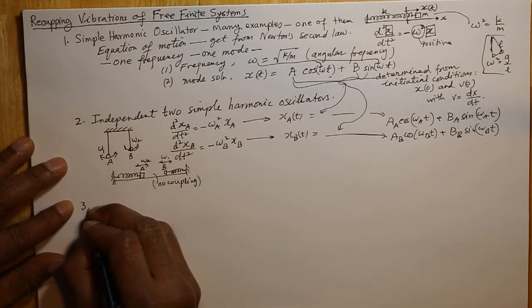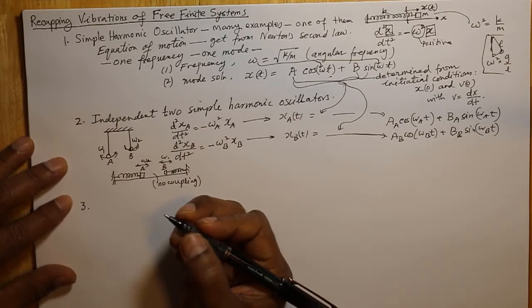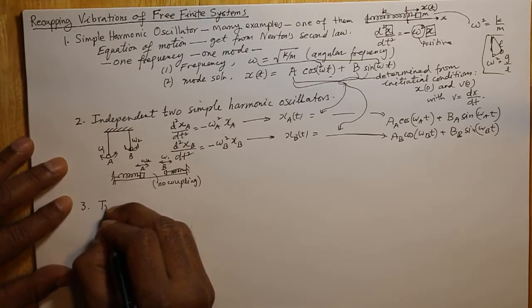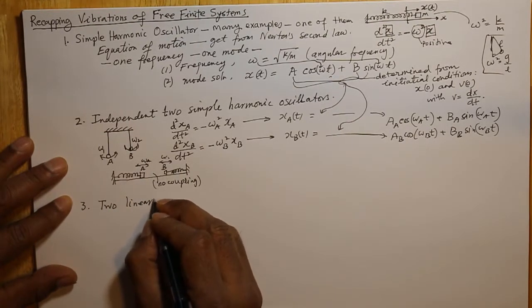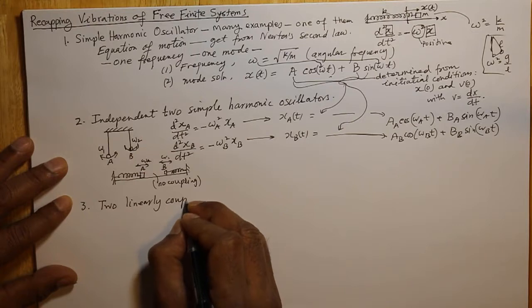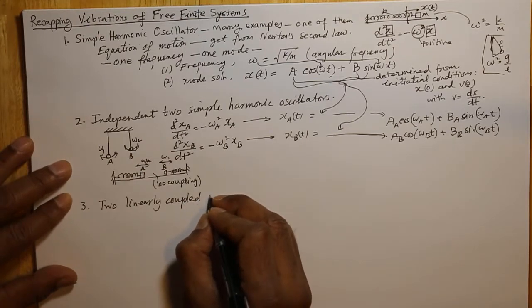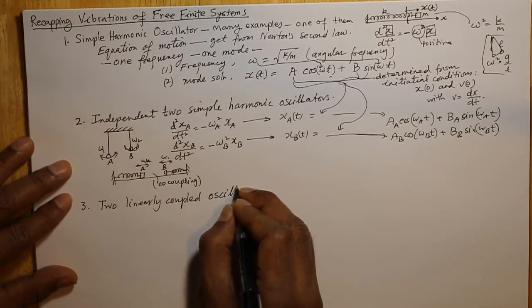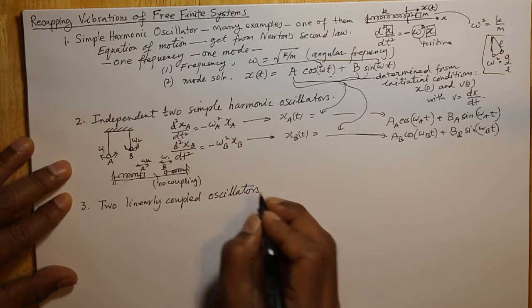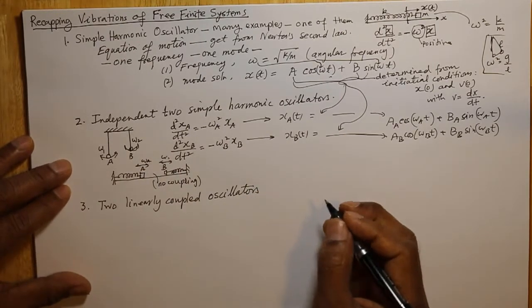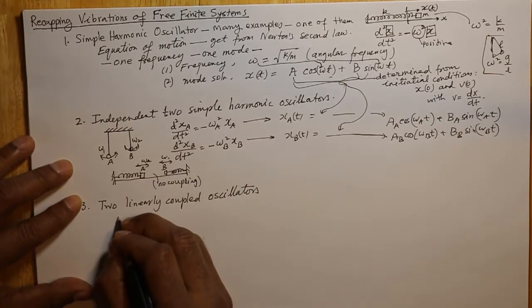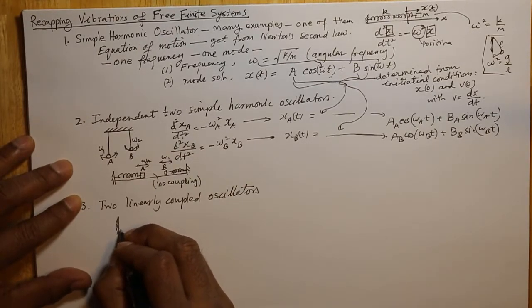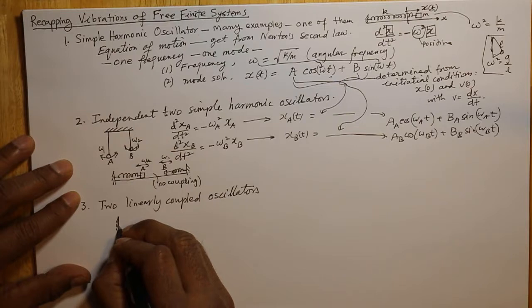And the third thing we did was coupled systems: two linearly coupled oscillators. We did several examples of this. This is actually the main thing in the Vibrations and Waves course.